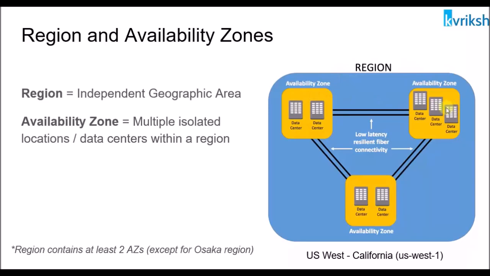When you design your architecture, typically you will keep your machines in different AZs, so that if one of the AZs goes down for some reason, you have your machine running in another AZ and your application then has high availability. We'll talk more about this in the EC2 sessions, which is a different course, but as of now you just need to know about these things. I hope you are now familiar with the region and availability zone.